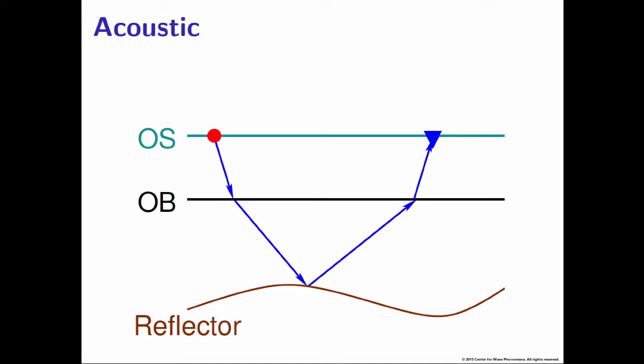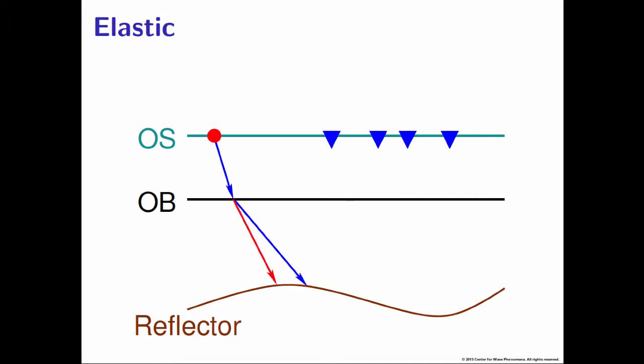Now, if we think about the elastic wave field, in the water layer we still only have P waves. But once the P wave hits the ocean bottom, it will transmit into both P and S waves. I will use the red line to represent the S wave and the blue line to represent P waves. Then both the P and S waves will hit the reflector and get reflected into P and S waves.